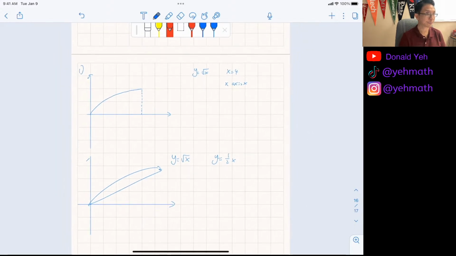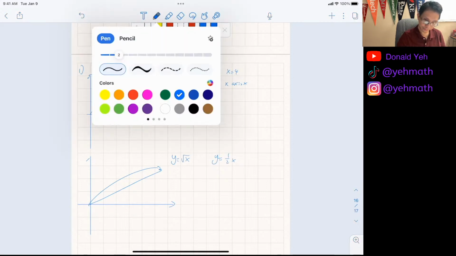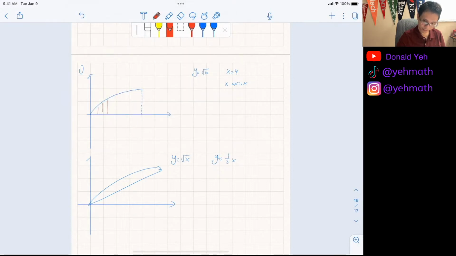Okay, so I'll give you a minute to think about it and try to do as much as you can. We want to find the area which is this area right here. And in this one, I want to find this area here.